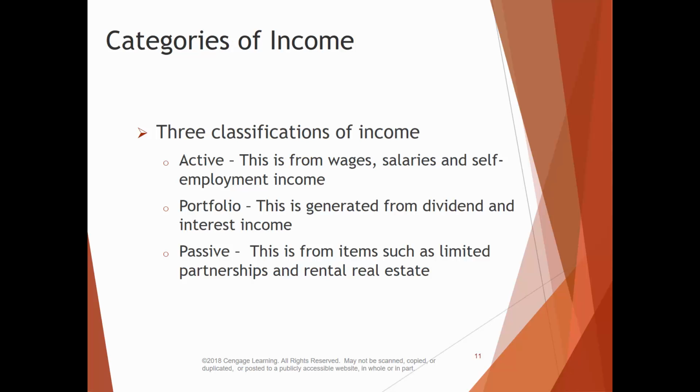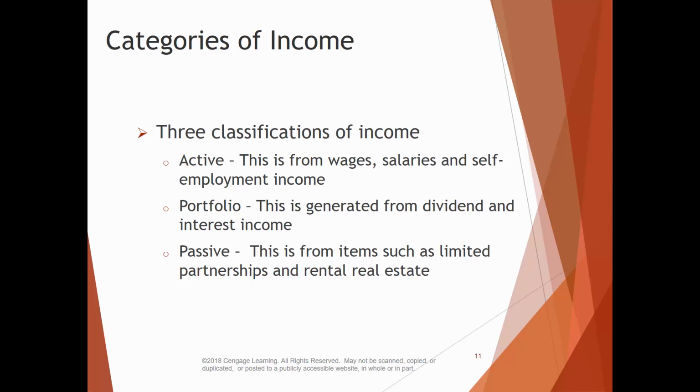Okay, so just reiterating that there's these three types of income: active, portfolio, and passive. Passive activities are usually associated with some sort of tax loophole or tax planning. Most of us don't have access to limited partnerships and REITs and all these kind of funky instruments that are passive.